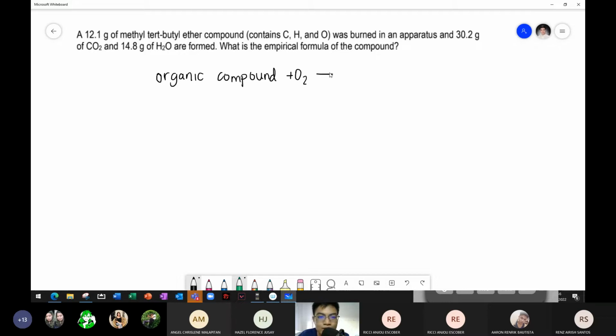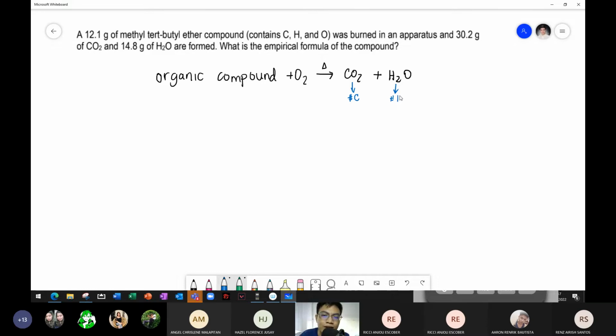From that oxygen source, you combust it to produce CO2 and H2O. And I said earlier that the mass of the CO2 can give us the number of carbon atoms in your formula, and the mass of water can help you determine the mass of hydrogen atoms.